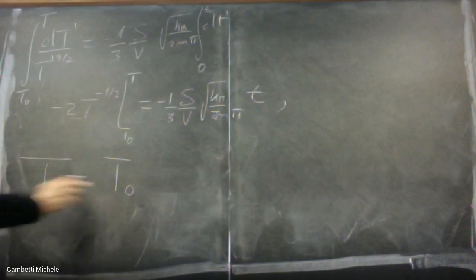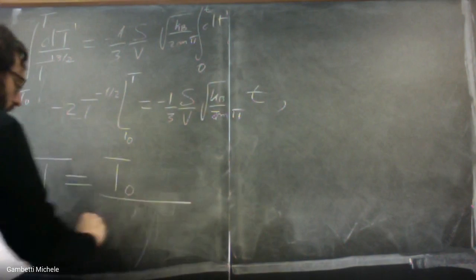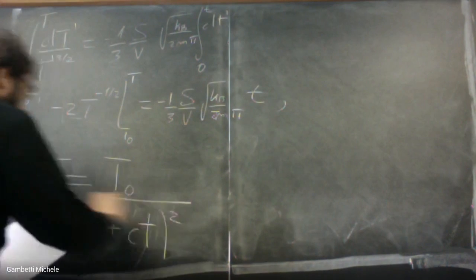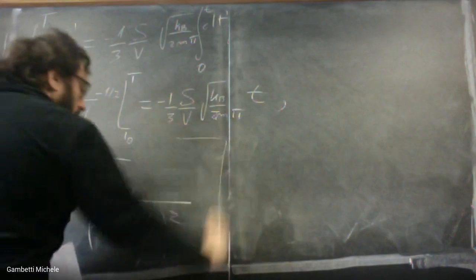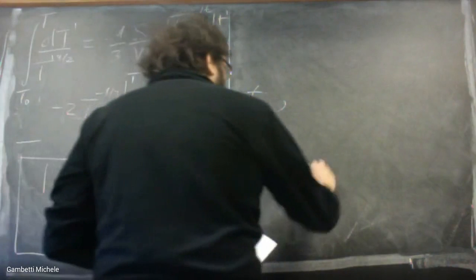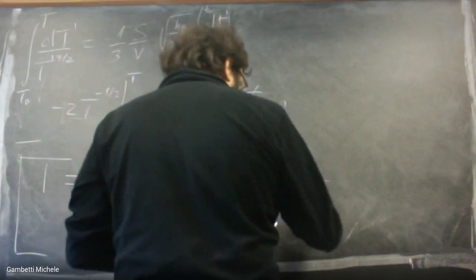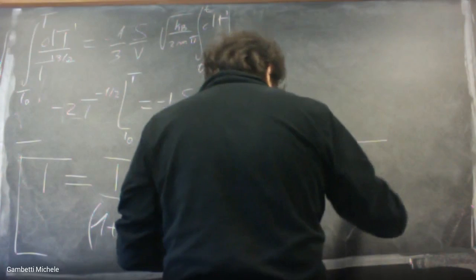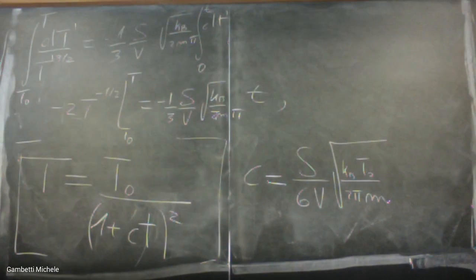T is equal to T0, and then I have a power law dependence, which is the following, where C is a constant that I have taken to be this quantity here, 6 volume kB T0 divided by 2 pi m. 6 superficie diviso 6 volte il volume, T devo dire qual è.